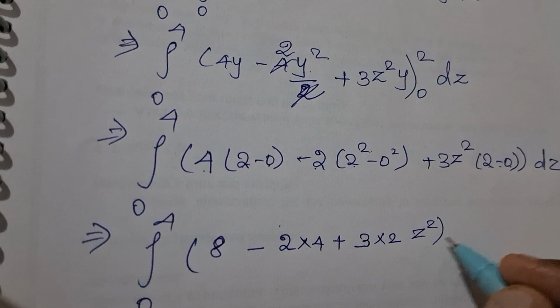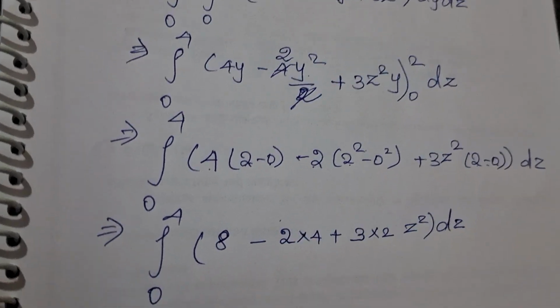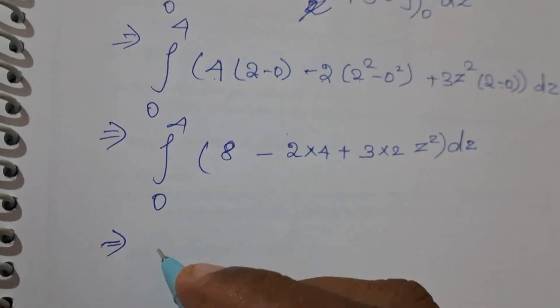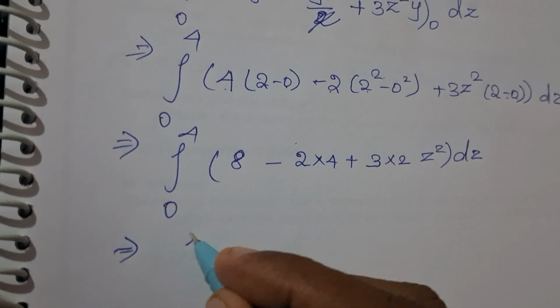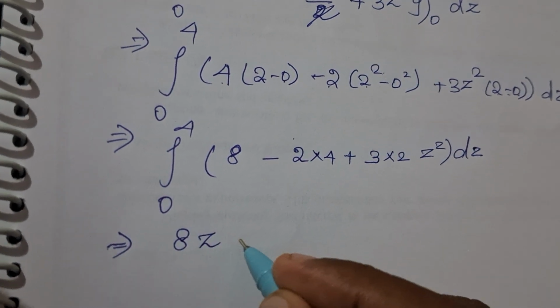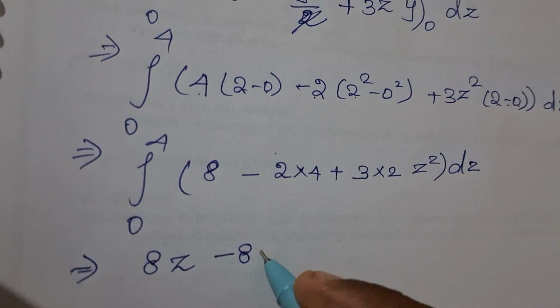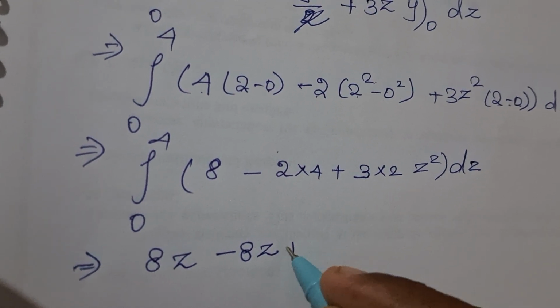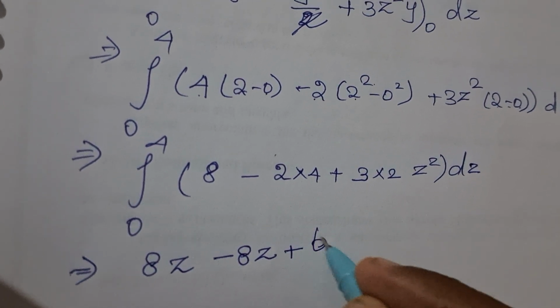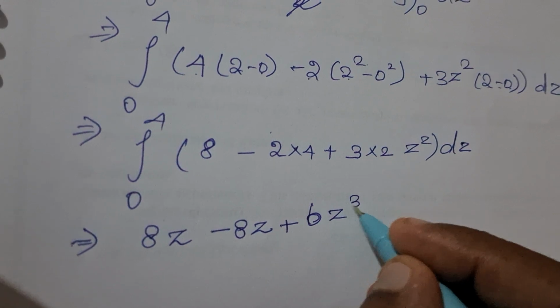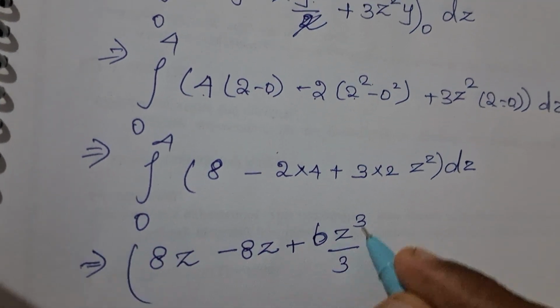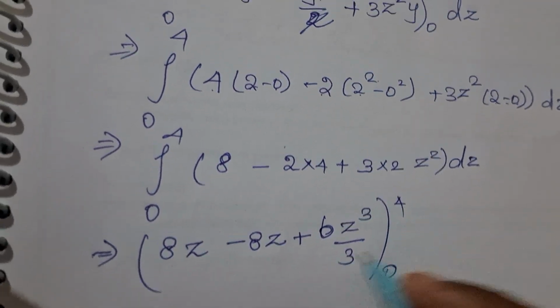Next, the final dz integration. We get 8z minus 8z plus 6z cube by 3, with limit 0 to 4.